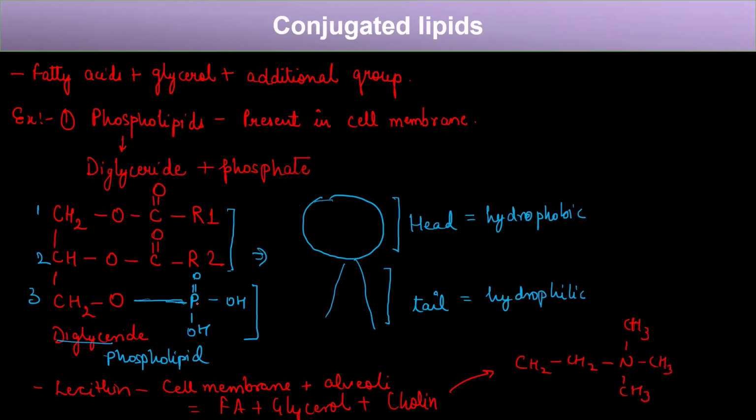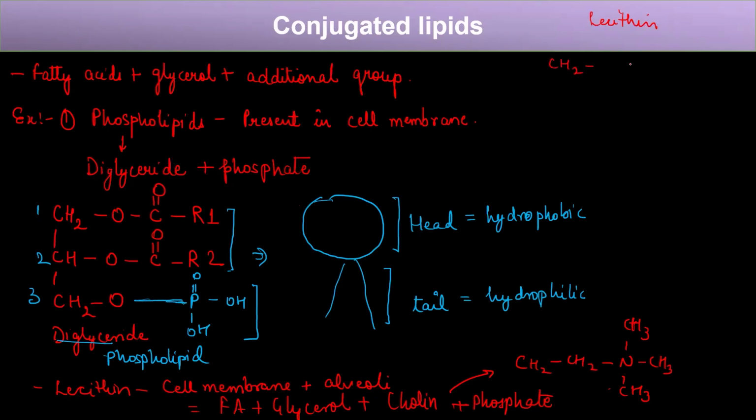The structure will be the same, with fatty acid, glycerol, and phosphate. To draw lecithin, you draw the structure of phospholipid and, with the phosphate group, you also add this choline. So I can quickly draw the structure of lecithin.